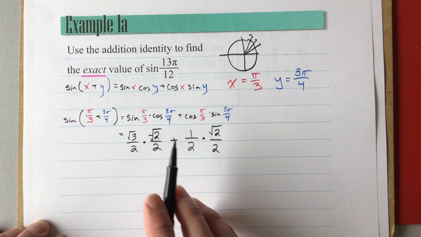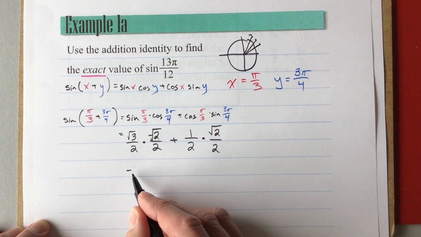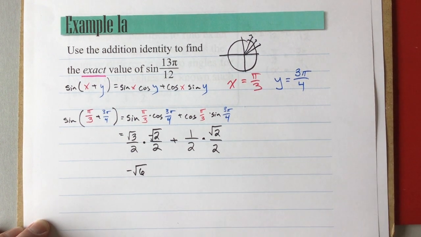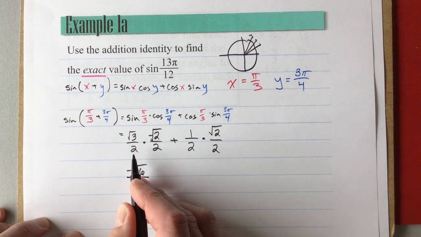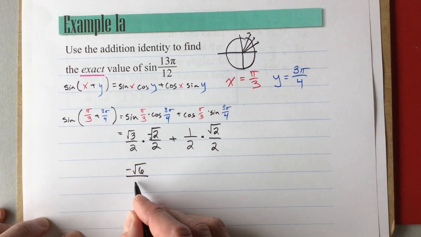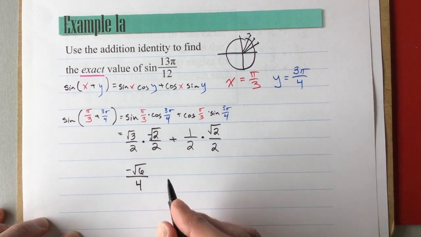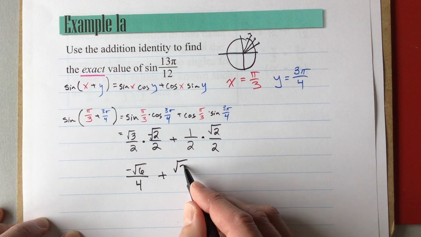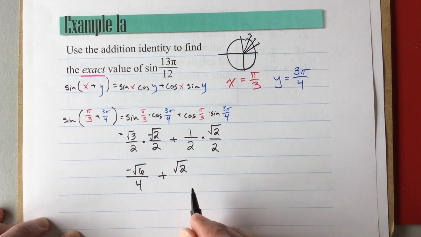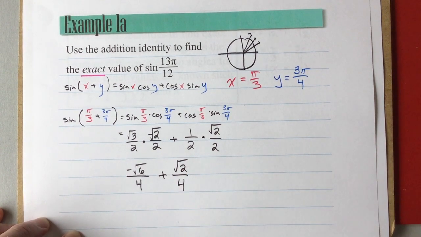Root 3 times negative root 2, a reminder from some of your previous algebra that radicals can be multiplied, and that denominators in your multiplication here should also be multiplied, plus 1 times root 2 is root 2, 2 times 2 is 4.